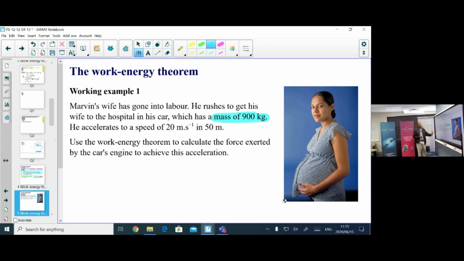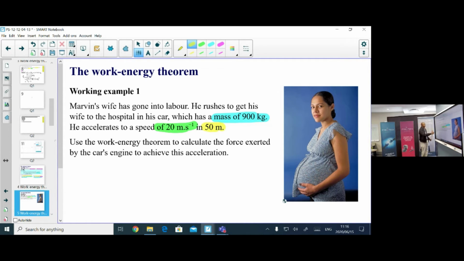The initial velocity there is equal to 0, before it moves. But the moment you see accelerates, we are going to the final velocity: 20 meters per second. Now we have 50 meters, which is the distance covered.